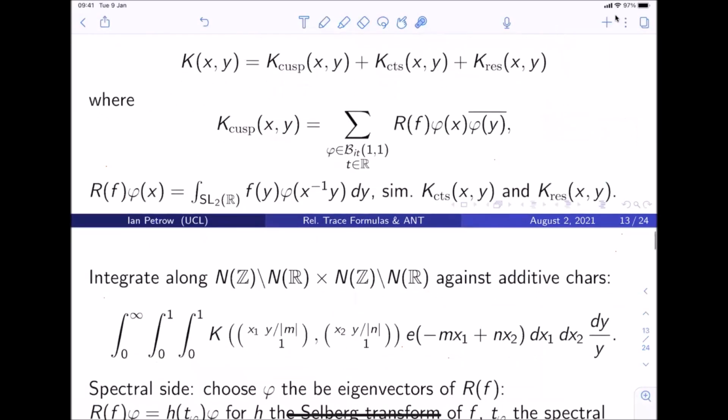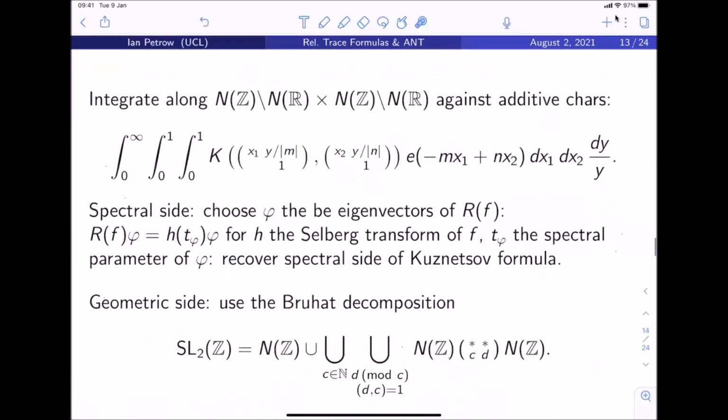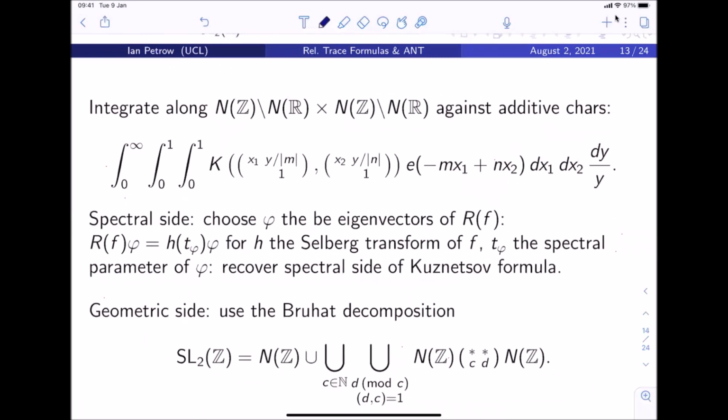Once you have this pre-trace formula, which maybe you're familiar with if you've read papers on the sup-norm problem, you can also take this pre-trace formula and integrate it along unipotent orbits.